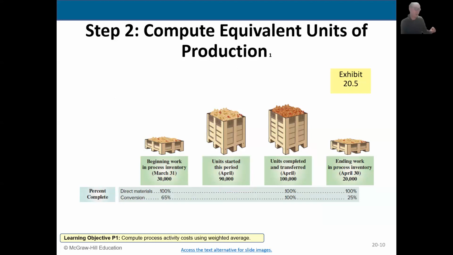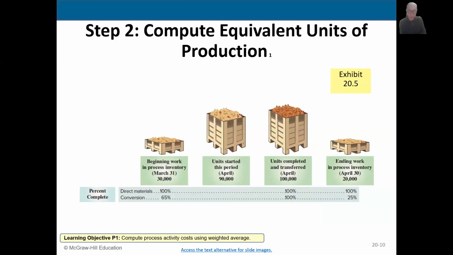The reason why we do equivalent units of production is because some units are not finished at the end of the month, the end of the accounting period, but they still need to be assigned costs. Like here we are, for example. I started the month of April with 30,000 units. March 31, beginning balance, 30,000 units. I started processing an additional 90,000 units during the month.